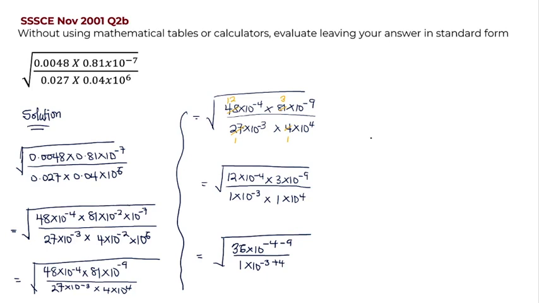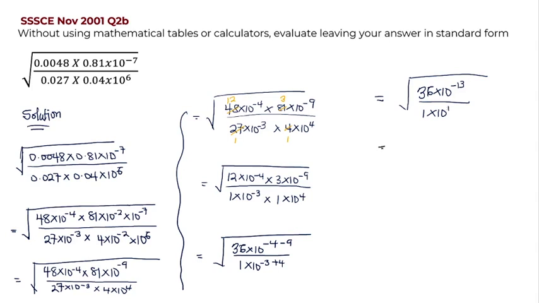So this is now equal to the root of 36 times 10 raised to the power minus 13 on 1 times 10 raised to the power positive 1 at the top over here.